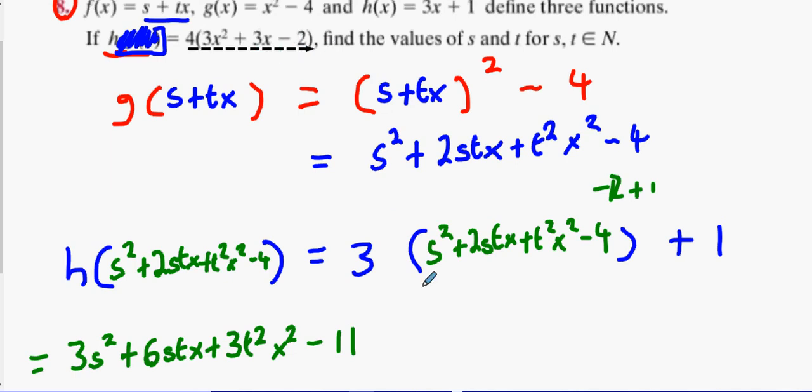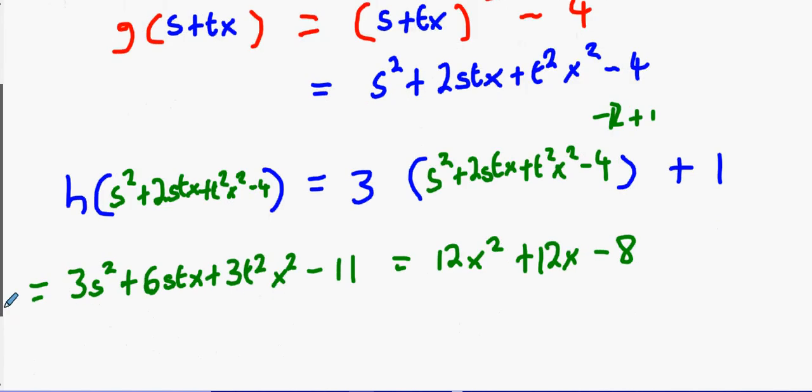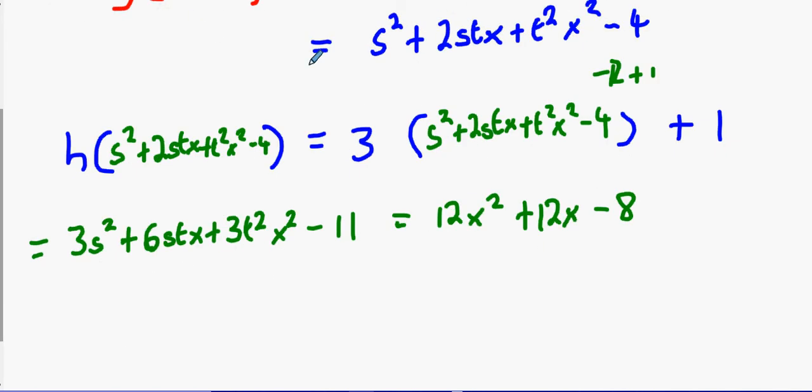Once I multiply it out, I should get 12x squared plus 12x minus 8. And I'm going to pair off the left and the right. I'm going to colour coordinate them. So this minus 8 here has to be the same as the minus 11 and the 3s squared.